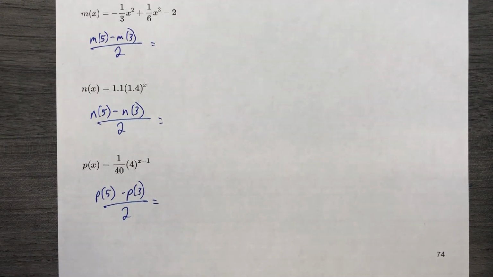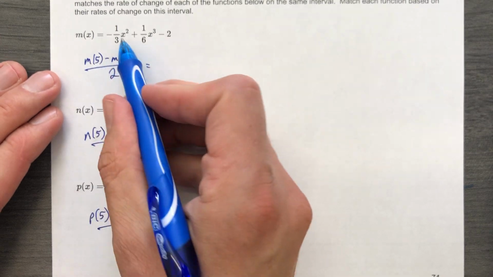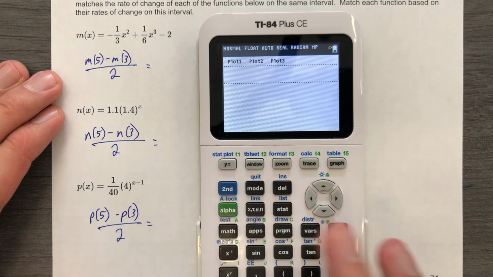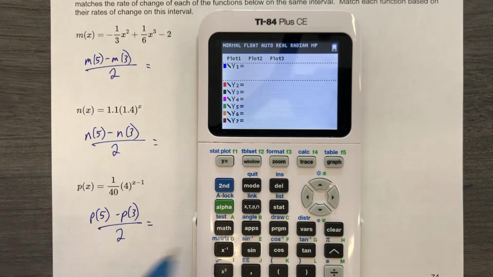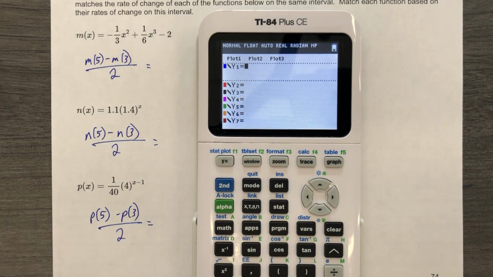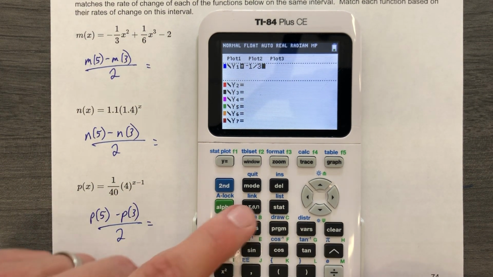A little bit of matching. We're going to plug a 5 in, crank out an answer. You can do it on Desmos: define it as m of x, and then in the next line down, you'll say m of 5, and it'll crank out an answer. I'm not going to do it on Desmos because I don't feel like it.